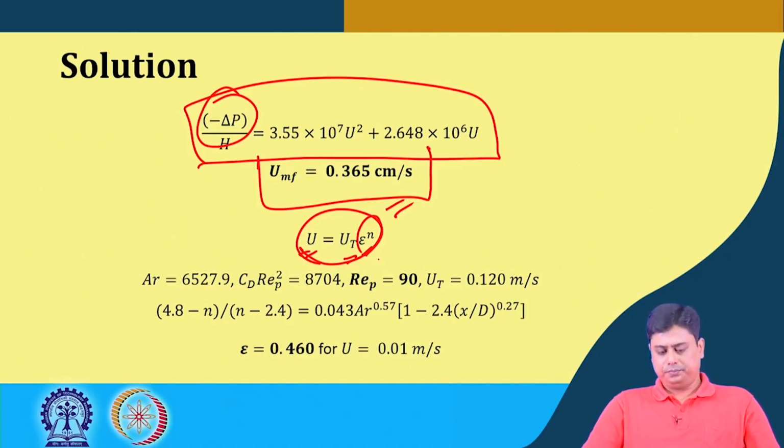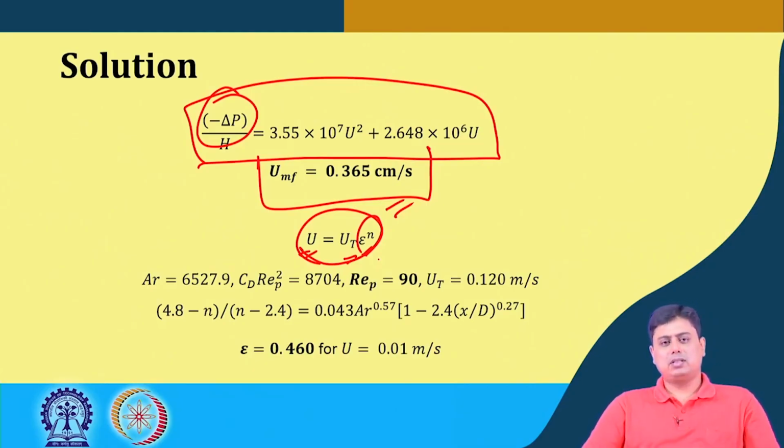So now, if you remember the previous section where we discussed this CD Rep² chart, the point was that we have the information of the particle mean diameter, but we do not know the terminal velocity.